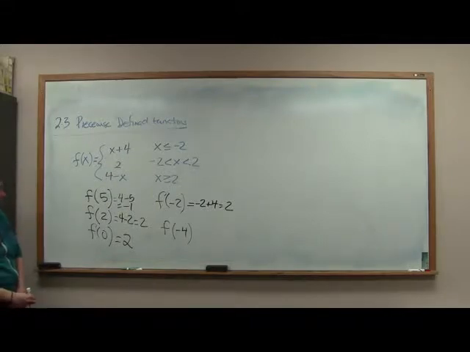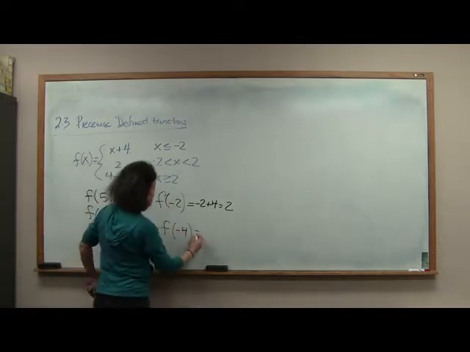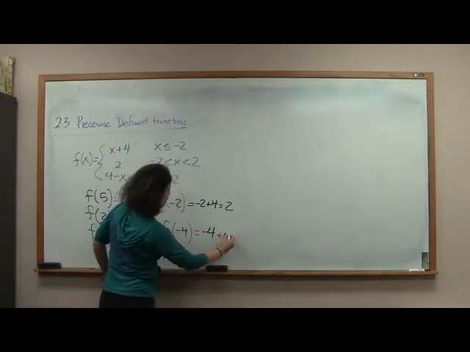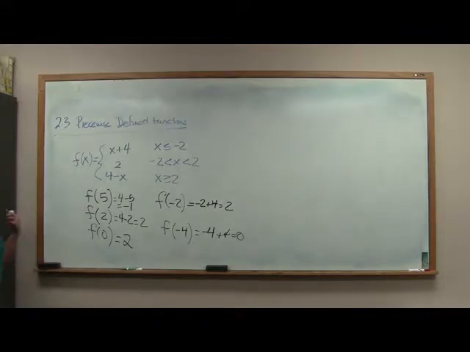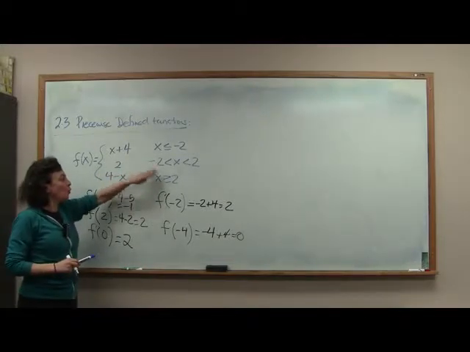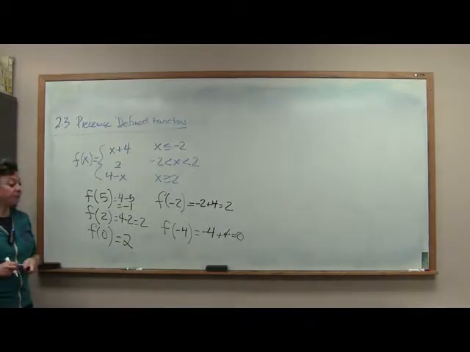And last but not least, where do we plug in -4? Well, -4 fits in my domain here. So we'll say that's -4 plus 4, which is 0. So if you're asked to find function values, the key thing to remember is you've got to figure out which part of the function you're going to plug them into.